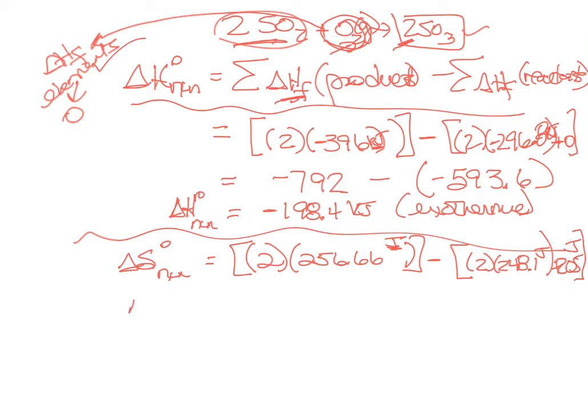So go ahead and calculate the entropy change for the reaction. For the first part, 2 times 256.66 is 513.32 joules, minus, let's do inside the brackets first, 2 times 248.1.